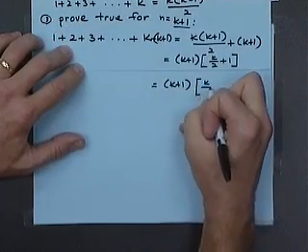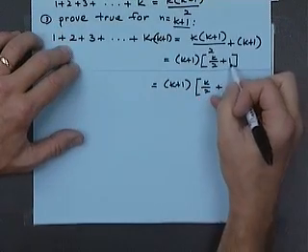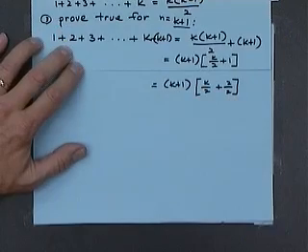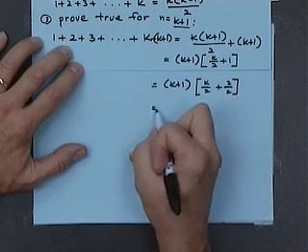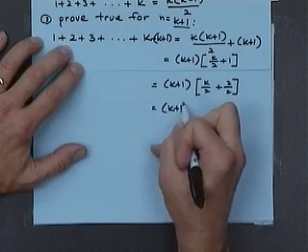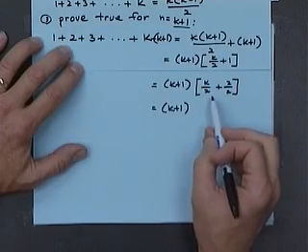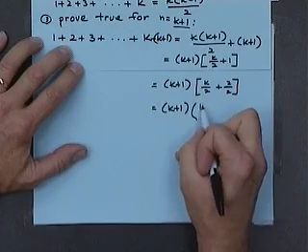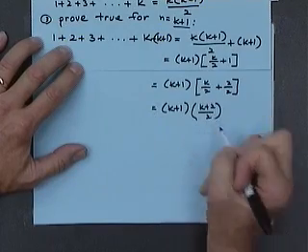So here's a k over 2. If I'm going to add this 1 to it, I better make it have the same denominator. So I'll change 1 to 2 over 2. What's k over 2 plus 2 over 2? k plus 2 over 2?